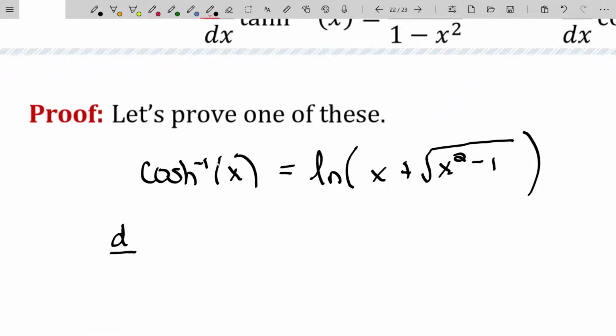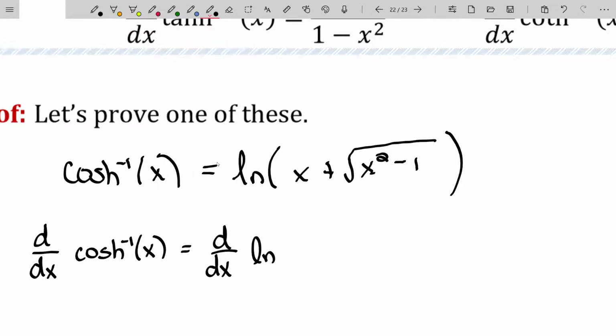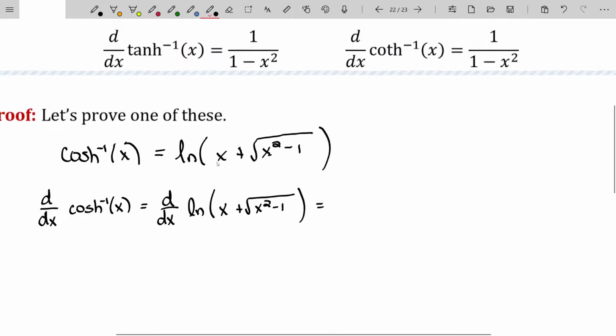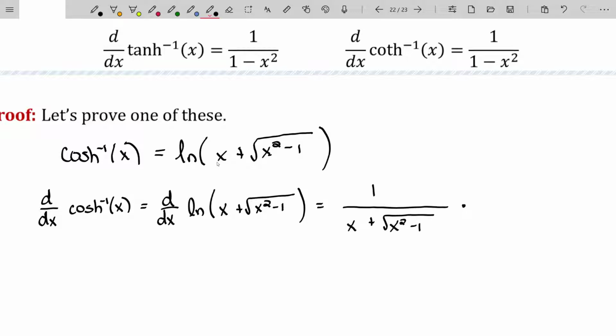So the derivative with respect to x of the cosh inverse of x is going to be the derivative with respect to x of the natural log of x plus the square root of x squared minus 1. Well, the derivative of a natural log is 1 over its argument, x plus the square root of x squared minus 1, times, via the chain rule, the derivative of its argument.